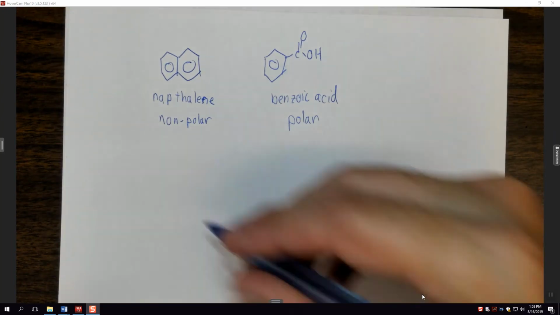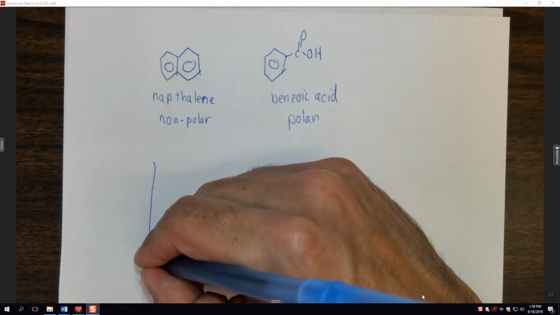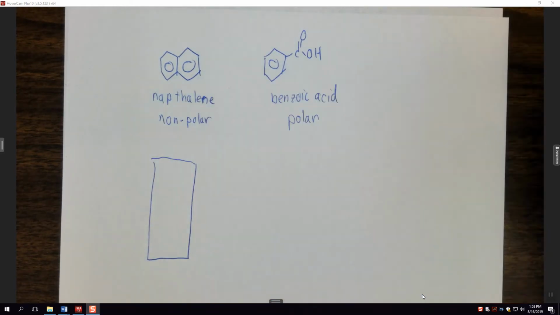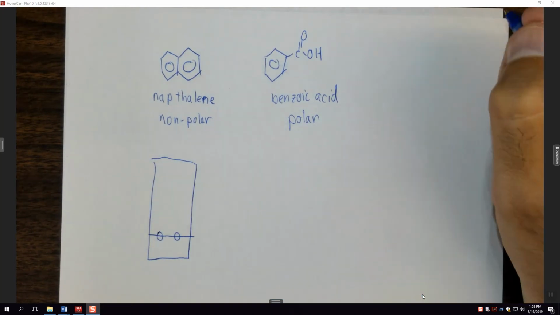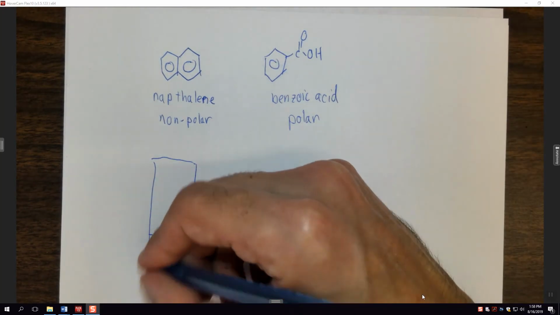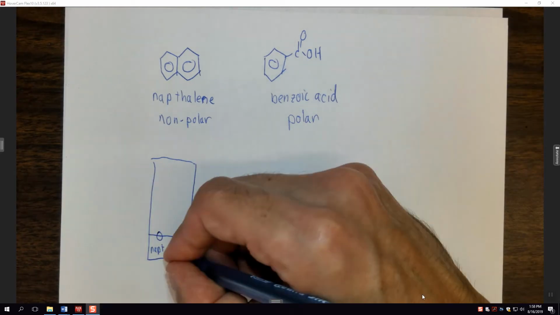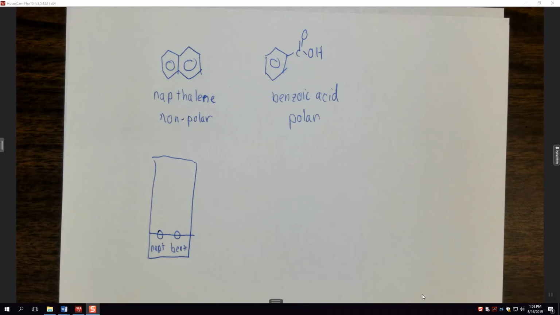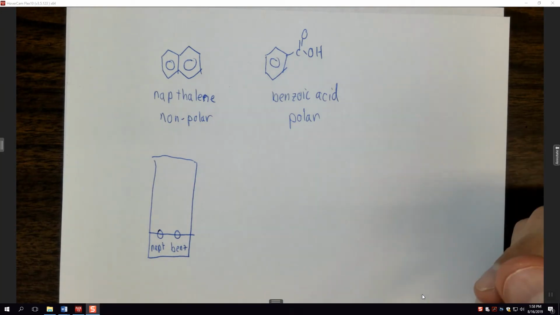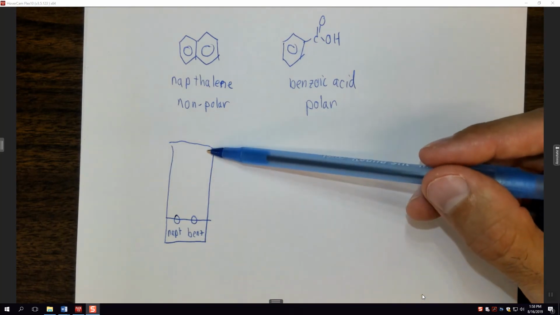So let's see what happens if we take a silica gel TLC plate and we put these two compounds on here. So for naphthalene, I'm going to abbreviate it NAPT. And for benzoic acid, I'm just going to abbreviate it BENZ, like that, B and Z. What's going to happen? We stick this into our eluting chamber, and we elute our nonpolar solute through this.